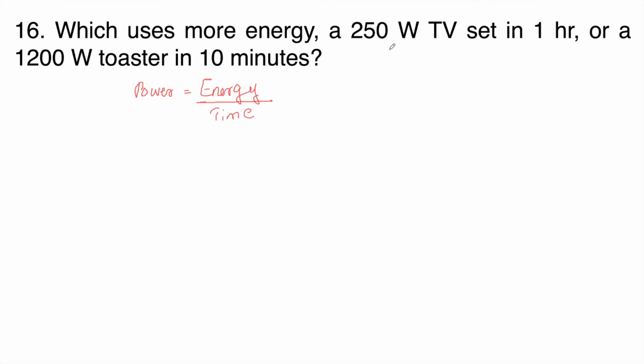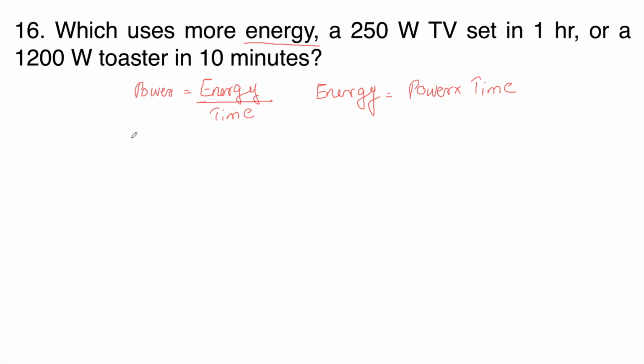Here power is given, time also is given. It is asked to find the energy in both cases. Okay, so energy is equal to power into time. This formula we are using to find out the energy here.